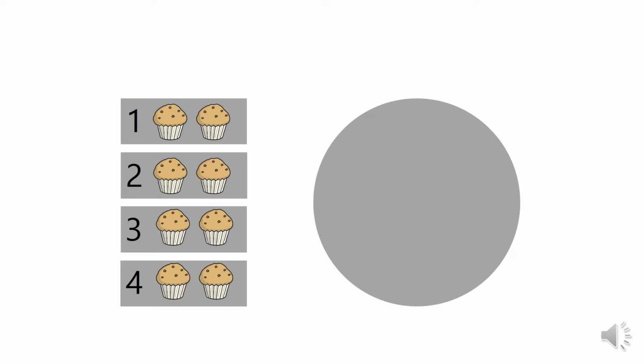So looking at this picture here, we have 4 groups. How many muffins are in each group? 2. So we have 4 groups of 2. Can you say that? 4 groups of 2. 4 times 2.